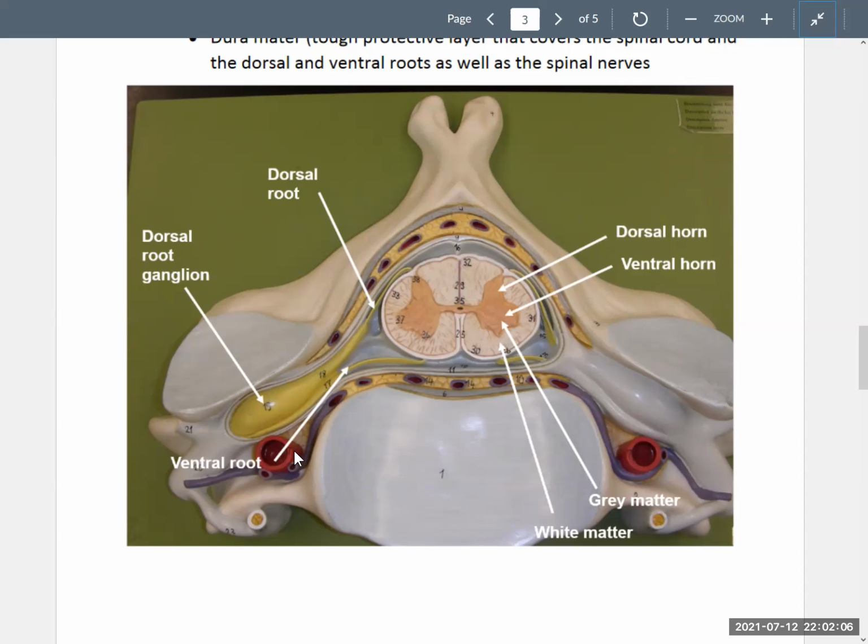Incoming information, stimuli, feeling, touch, heat, pressure, pain, they come up this way from here, and they pass by this bulge. This is known as the dorsal root ganglion.